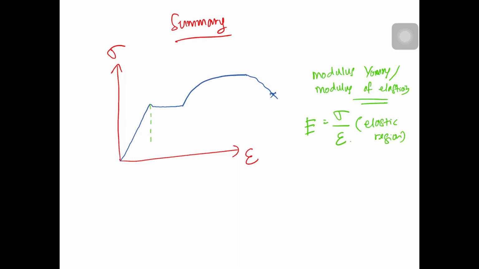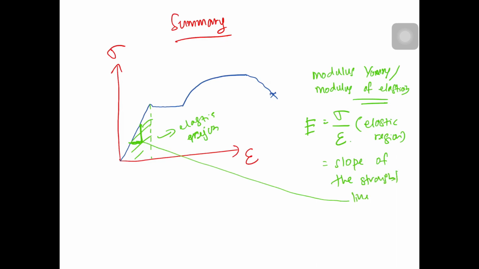Okay, so this one is your elastic region. Okay, so E is the slope of the straight line. This straight line. Okay, so that's the important point.